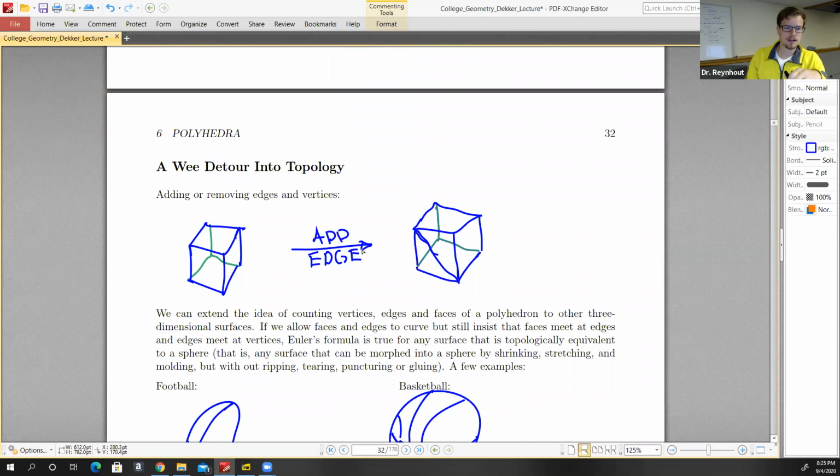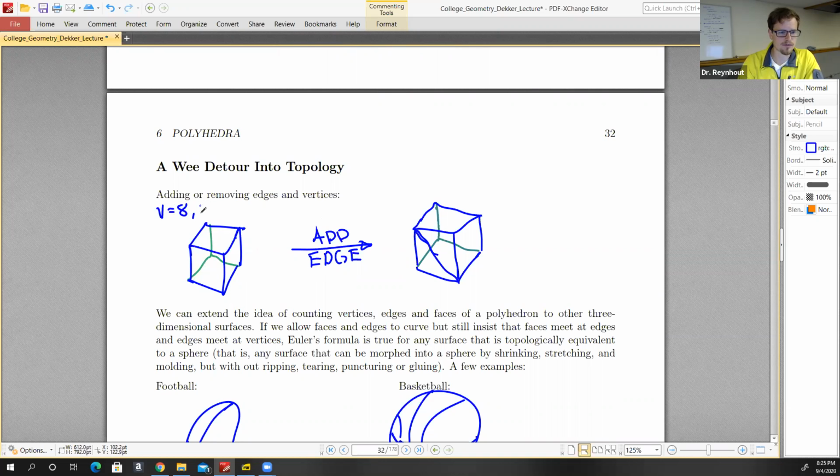polyhedra, what we can do is add edges. So let's say we take this cube and then on this face we add an edge. So this face that was a square becomes 2 triangles. In the first case, the number of vertices was 1, 2, 3, 4, 5, 6, 7, 8.